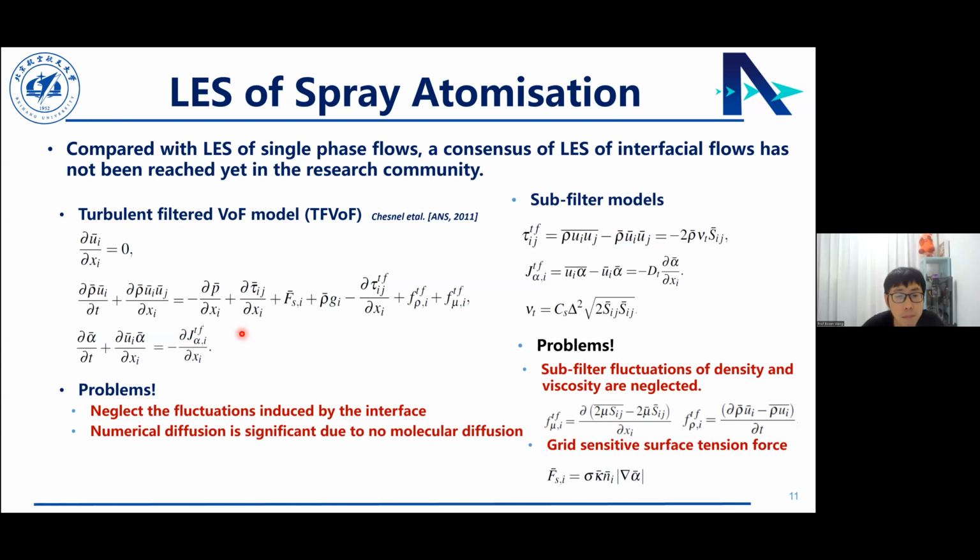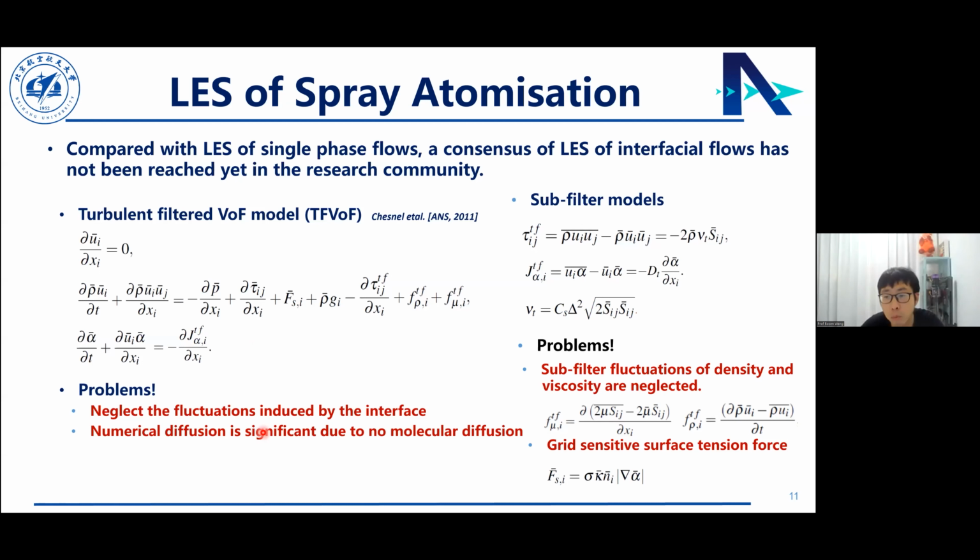And the problem here is they neglect the fluctuations induced by the interface. They still only consider the turbulence. And the numerical diffusion is significant due to no molecular diffusion. And for the subgrid models, the problems include that the subgrid fluctuations of density and viscosity are usually neglected.